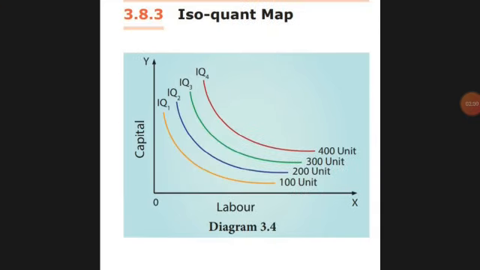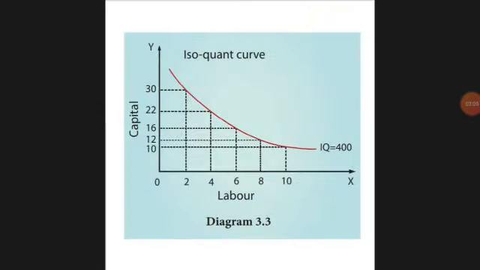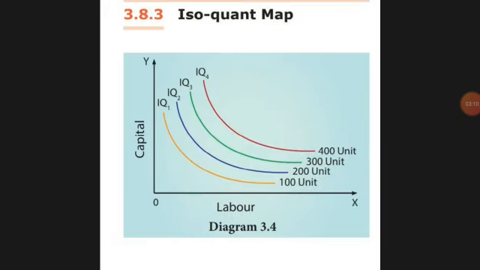Next we'll go for the isoquant map. An isoquant map represents different combinations of factors. Here we are using only one curve, the red line, but here you can see many. Using many isoquant curves gives different levels of output. Different curves used together are called an isoquant map.